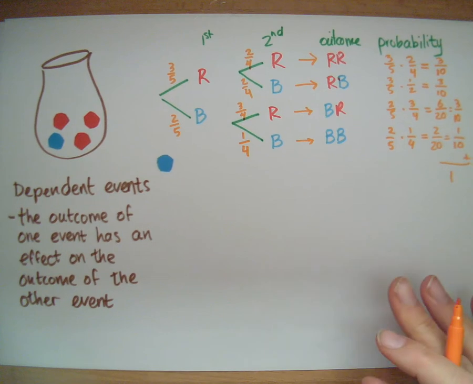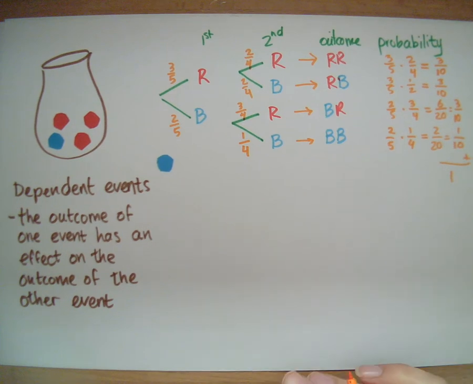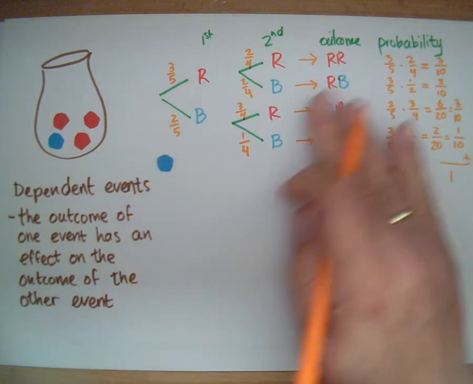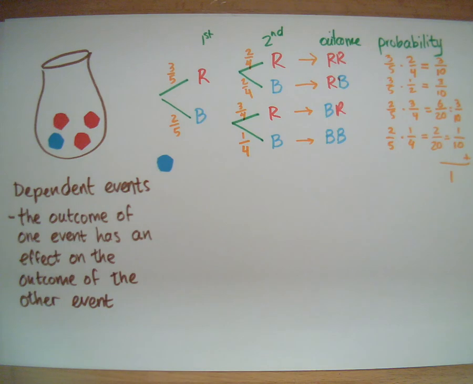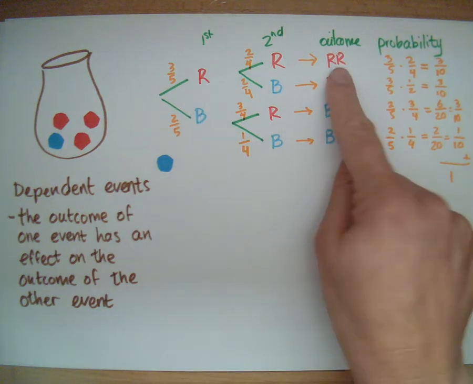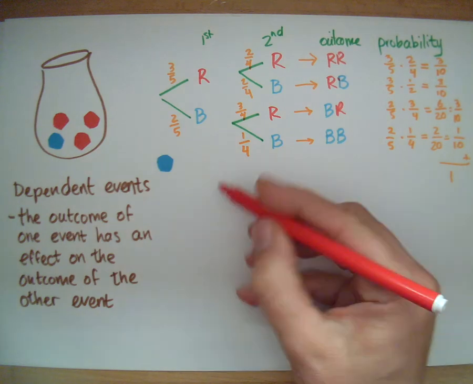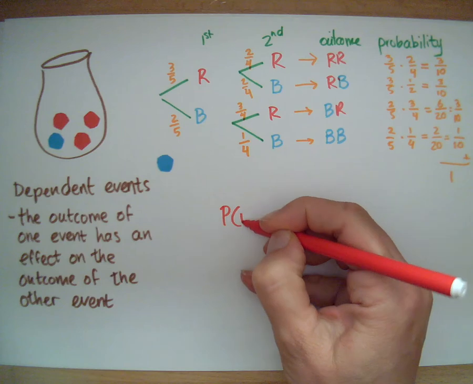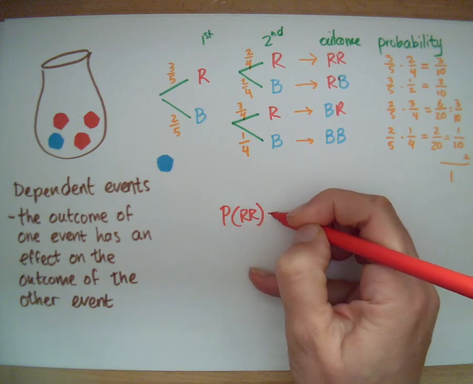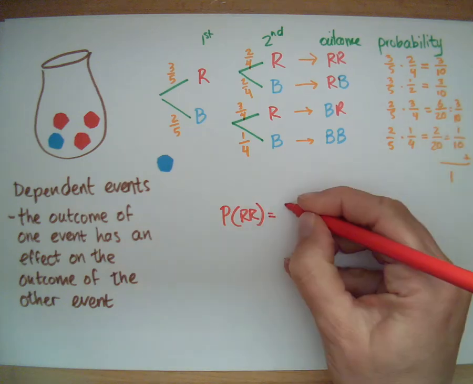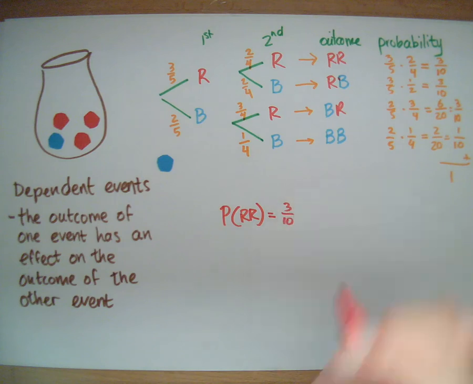All right, now we can answer all sorts of questions with this tree. Say we wanted to know what the chances are of getting 2 red ones. 2 red ones is this one, so 3/10. If we want to write that as probability of red, red, 3 out of 10.